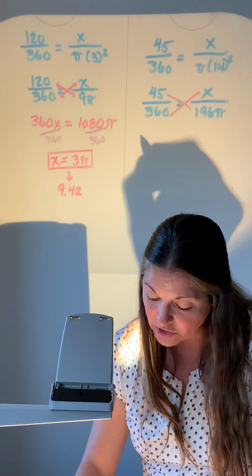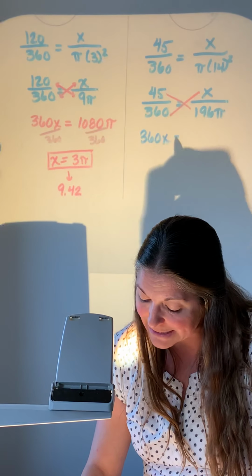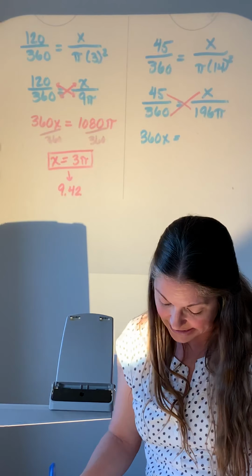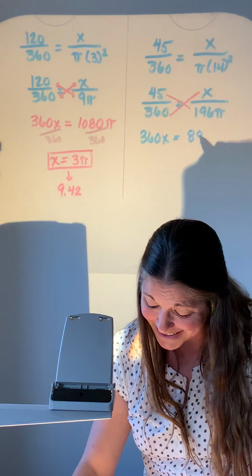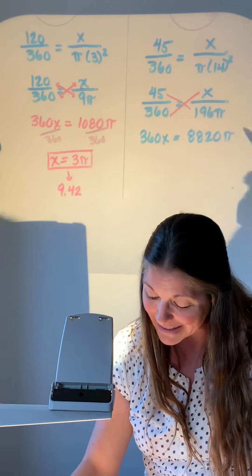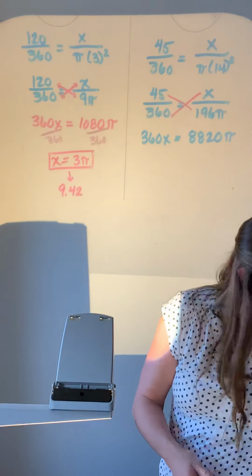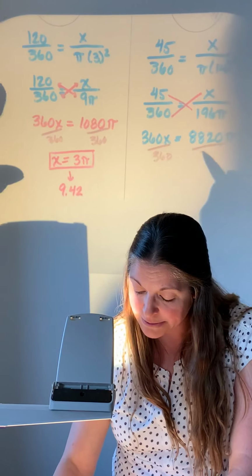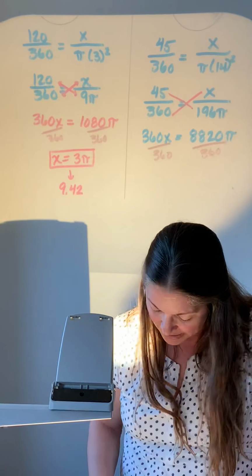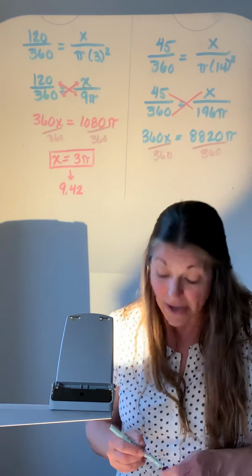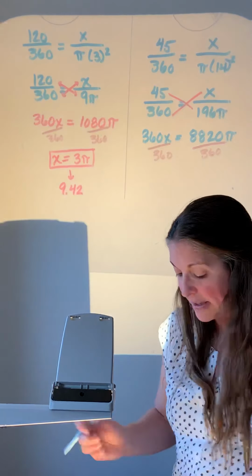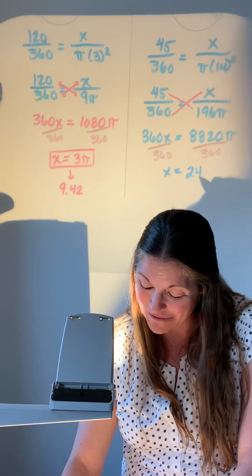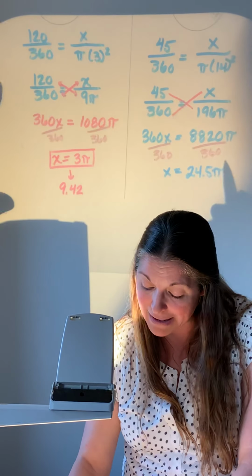So that will give us 360x. Over here, we're going to have to do 45 times 196. Yowzers, 8,820 pi. Not sure if it's perfectly divisible by 360, but again, if it's a decimal, it's a decimal. We'll just deal with it. Divide by 360. Okay, decimal, but pretty, just like I thought it would be: 24.5 pi.